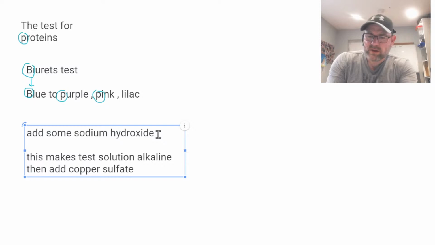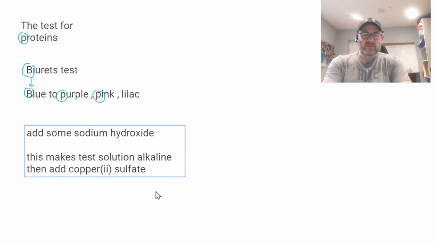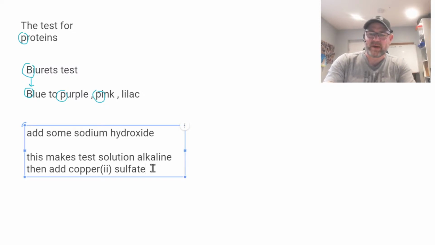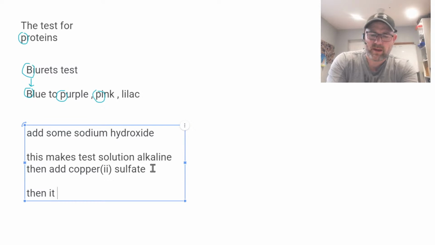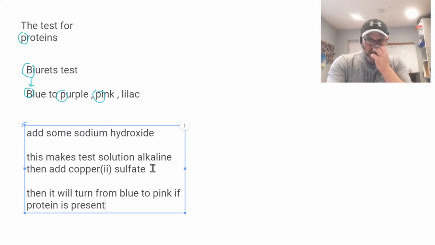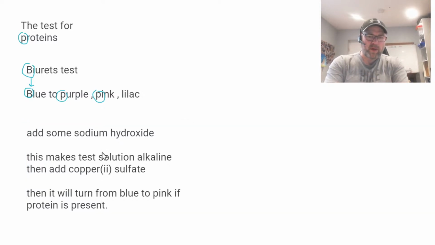It's copper 2 sulfate. The Roman numerals tell you here. The Roman numerals, then it will turn from blue. Do you remember what they stand for? They tell you something about the copper.